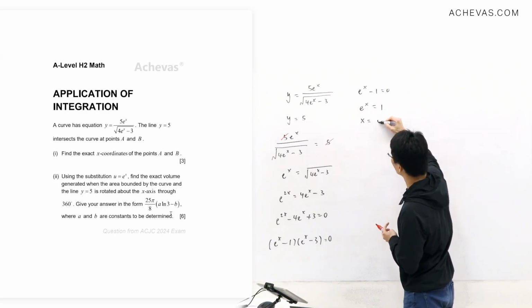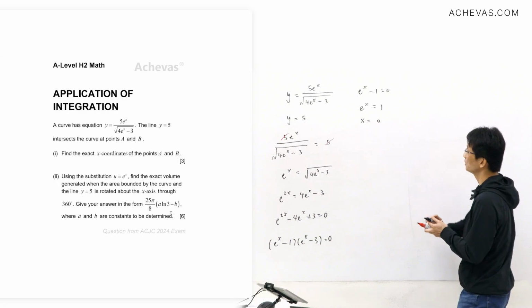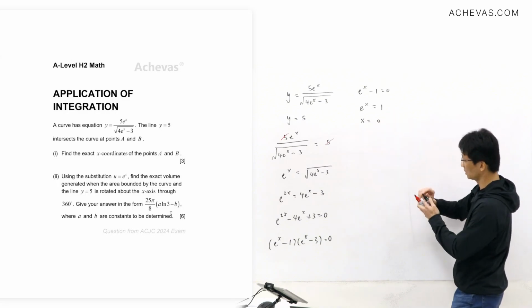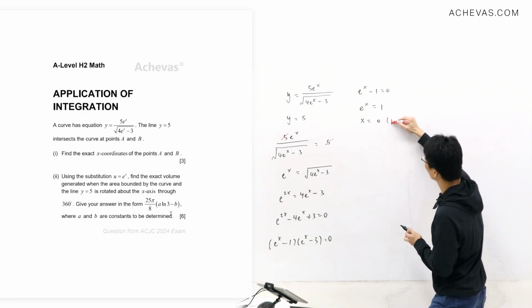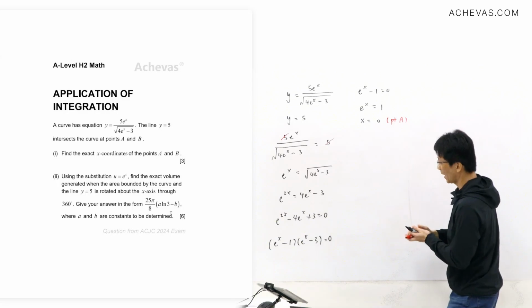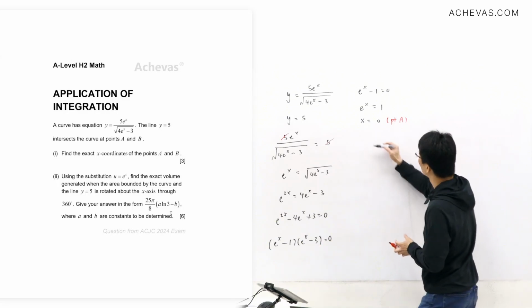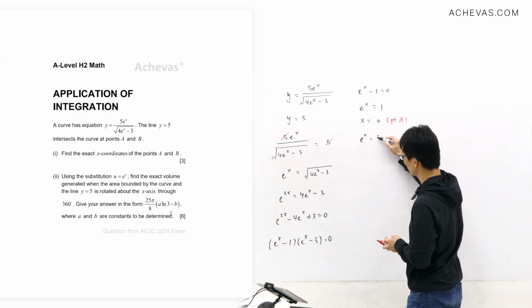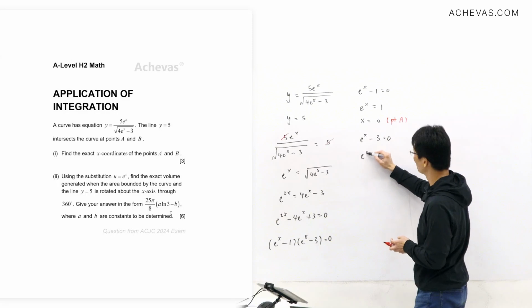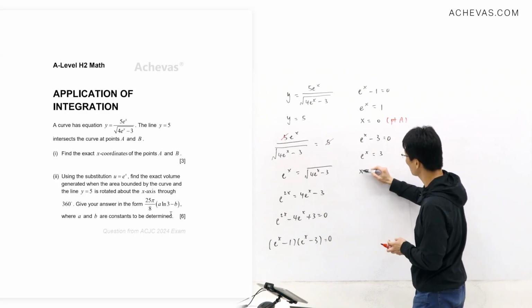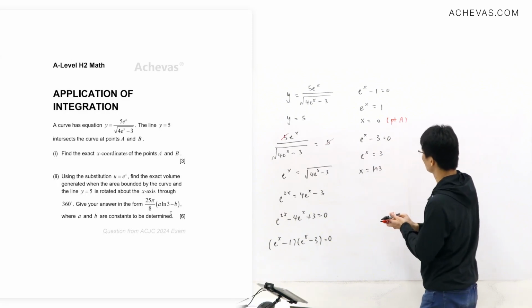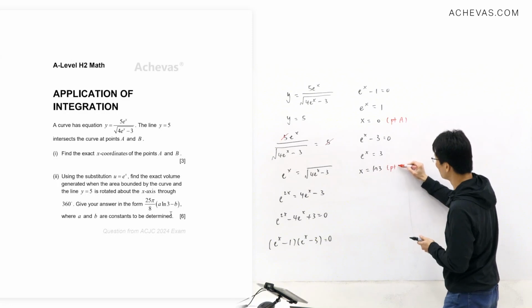Taking log on both sides, I'll get x equals 0 because log 1 gives me 0. And this will be my point A. For this, I have e to the power x minus 3 equals 0, so e to the power x equals 3. Taking log on both sides, I'll end up with this. This will be my point B.